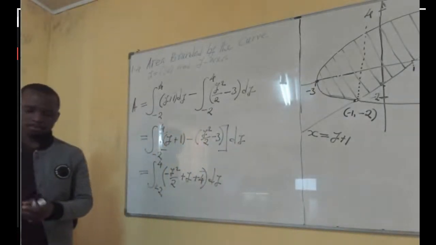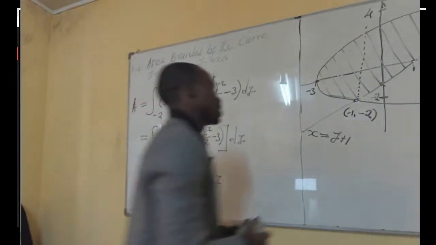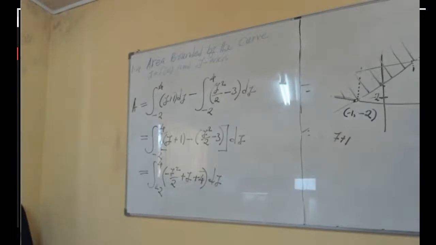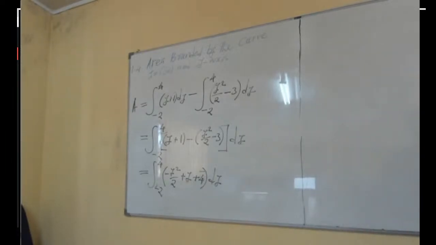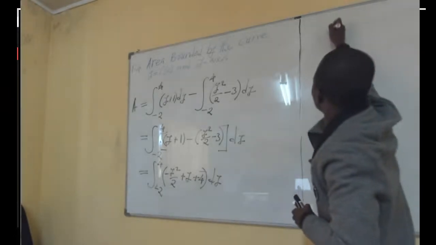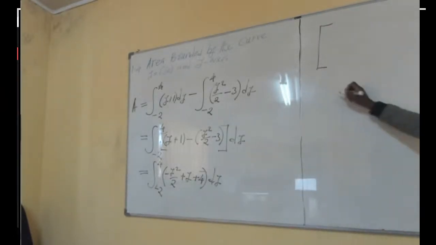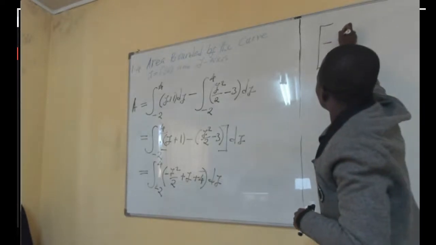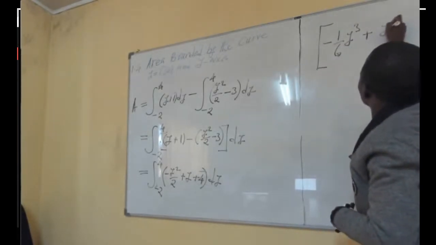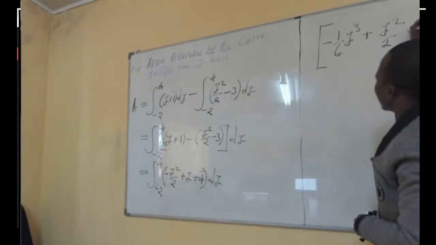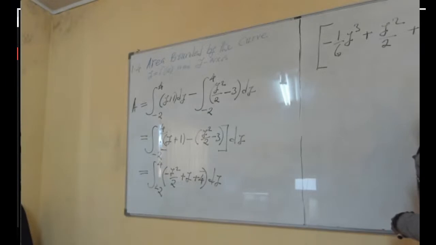Okay, dy. When we integrate with respect to y, what we are going to get is negative 1 over 6 y to the power 3 plus y squared over 2 plus 4y, from negative 2 to 4.